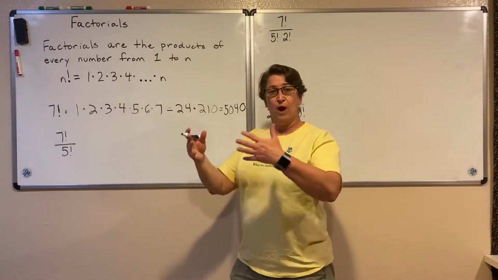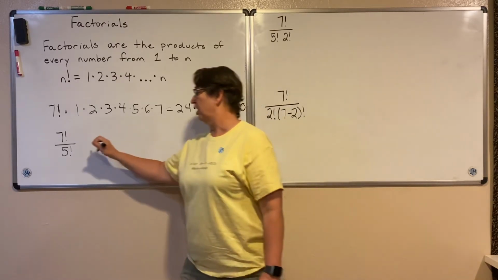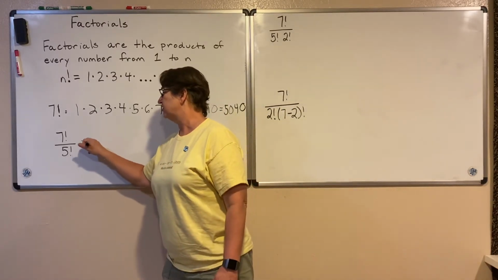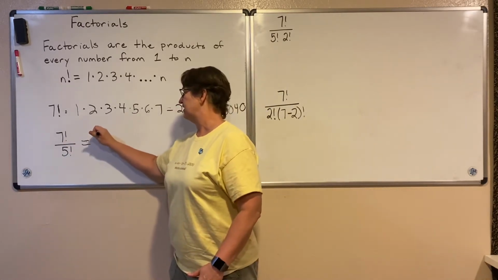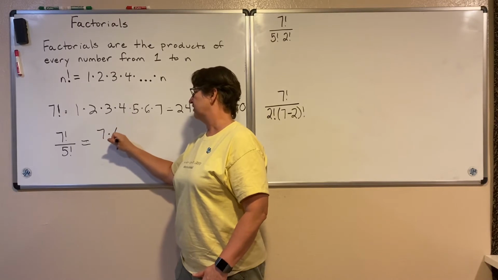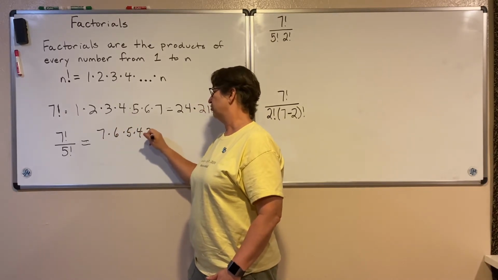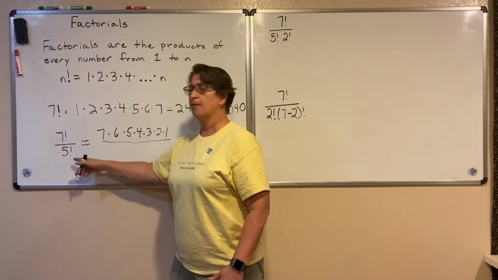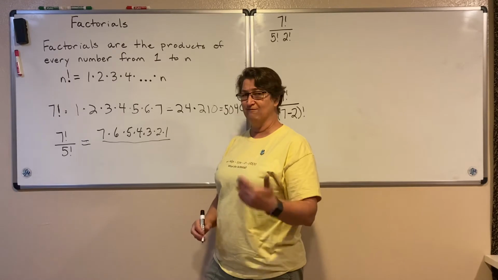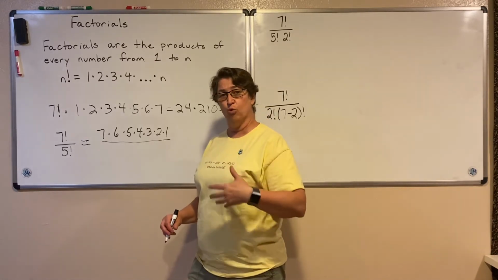We can also write it in descending order. And most of the time we do. When we talk about factorials, most of the time we actually write them in descending order like this. We say 7 times 6 times 5 times 4 times 3 times 2 times 1. And then on bottom of this fraction, notice I have 5 factorial. Well, 5 factorial is just counting from 1 to 5.